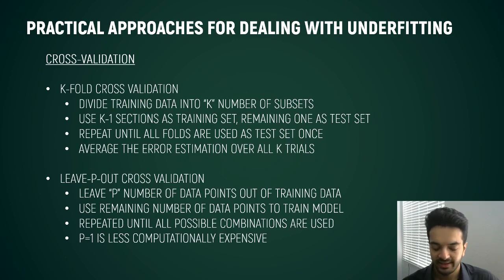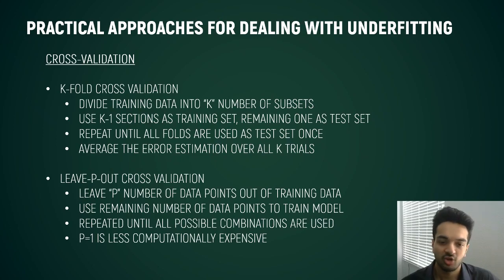Another way is through leave-p-out cross-validation. Here you leave p number of data points out of the training data. So if you select p as 20, and you've got 1,000 data points overall, you'd have 20 for testing and 980 for training. However, you'd have to repeat this for every single possible combination of 20 data points, which would be huge.